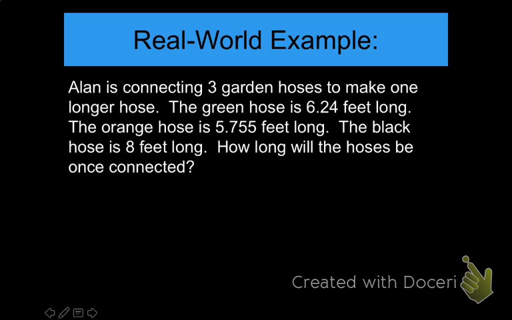Last real world example that we have here today. Alan is connecting 3 garden hoses to make 1 longer hose. And I'm going to stop right there and think. Alan is connecting 3 garden hoses. And as I read that first sentence, I'm already starting to think of a certain math operation. If you think you know what math operation that is, go ahead and write the symbol on your paper.